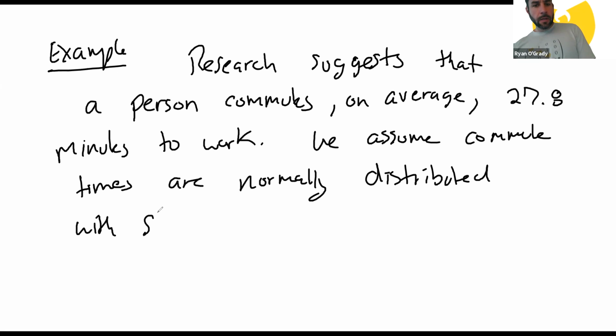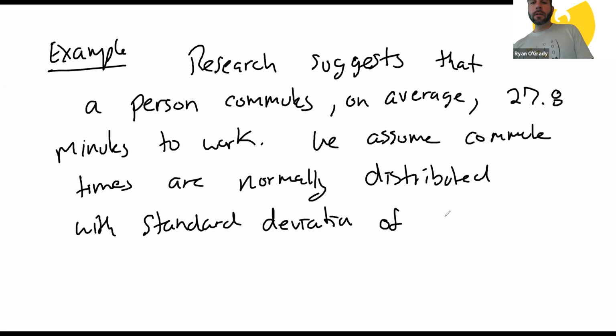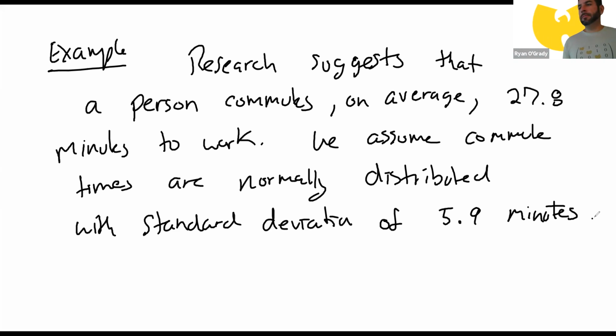With standard deviation of, let's say, 5.9 minutes. Now, I'm going to ask two questions, and I want you to understand that I'm asking two different things, and I want you to understand why we're asking two different things.